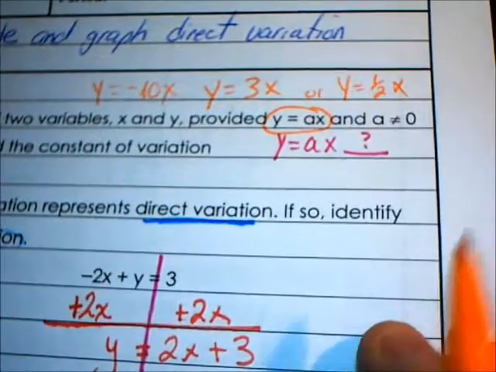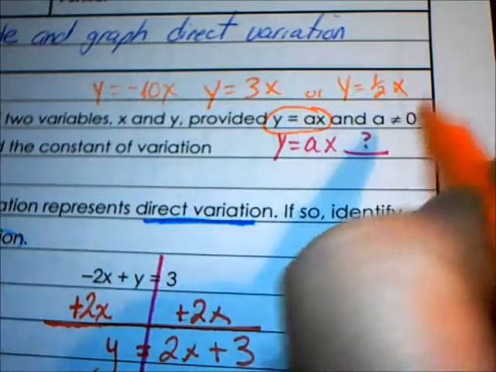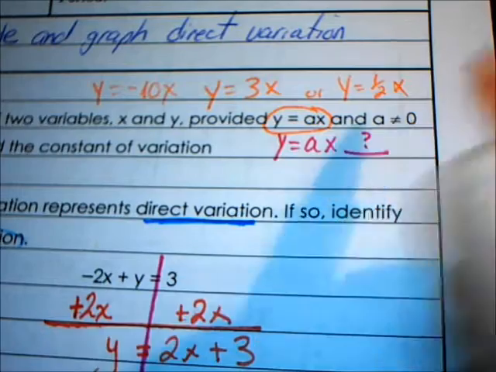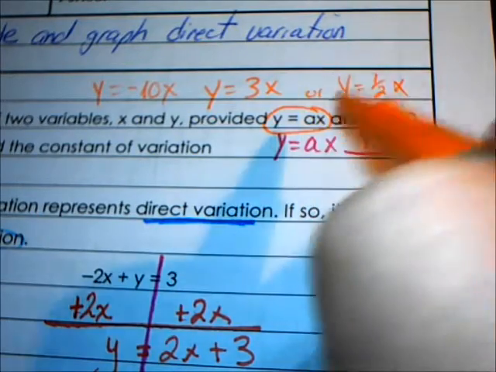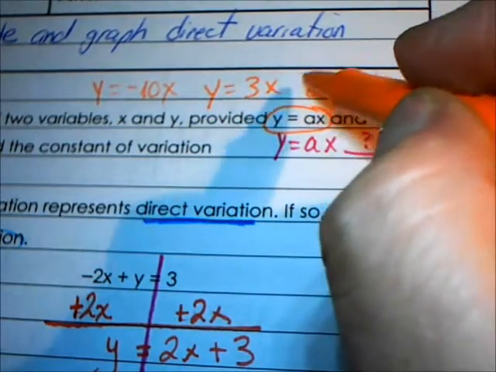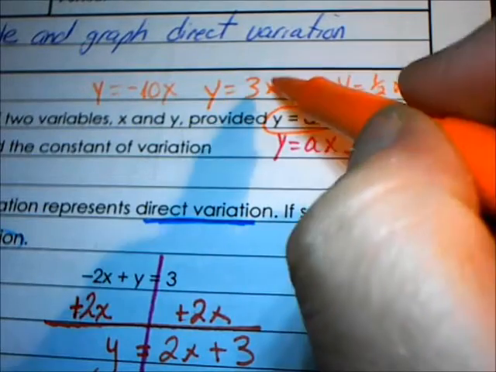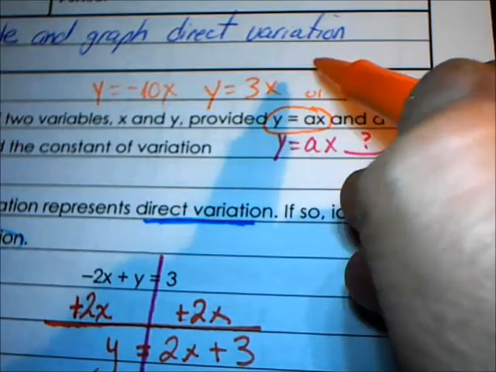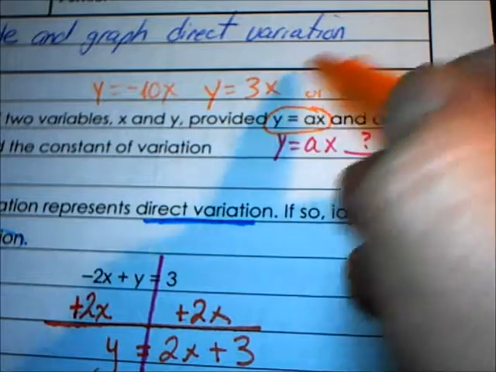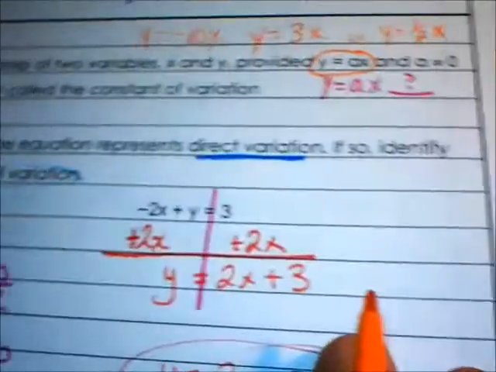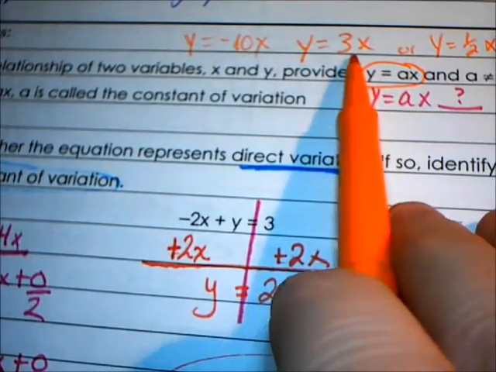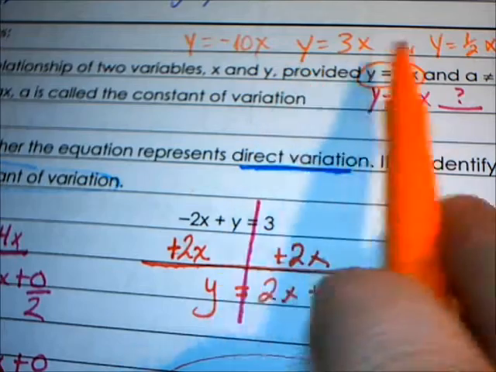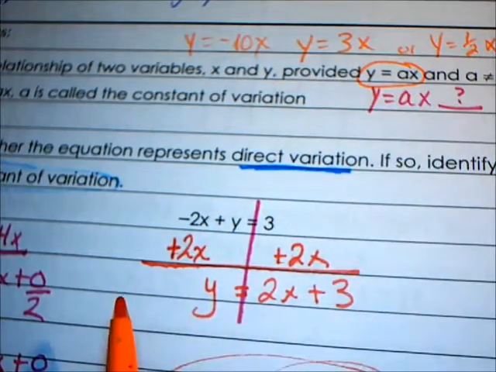Now, you can have tons of examples because the a can be any number other than 0. Cannot be 0. But realize there's nothing on the end. It's just an x. There's not another number like a plus 10 or a minus 15 or something else. So a direct variation just has the x and the y. Nothing else. There's not a constant.